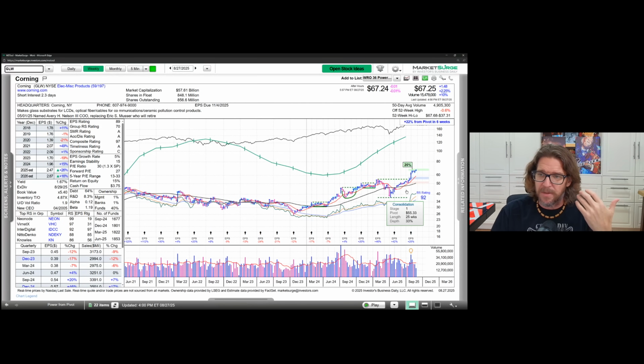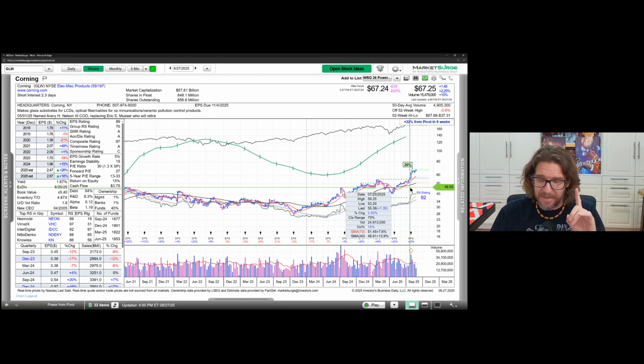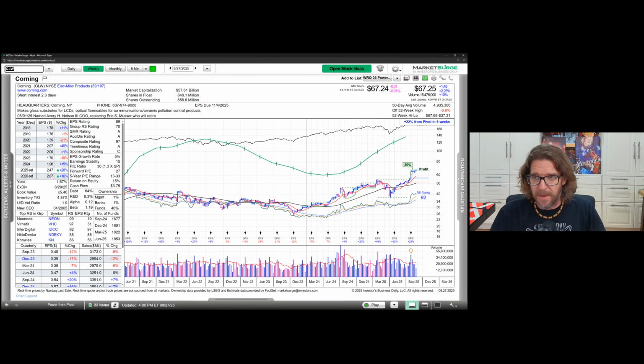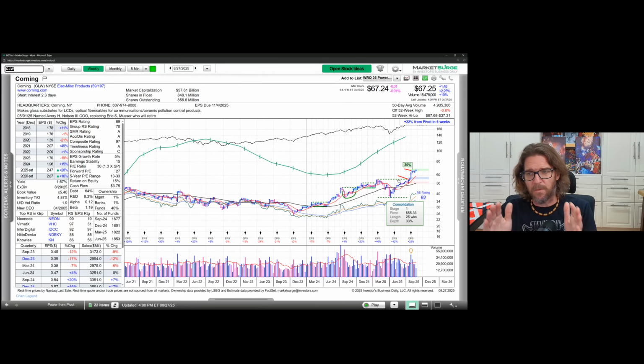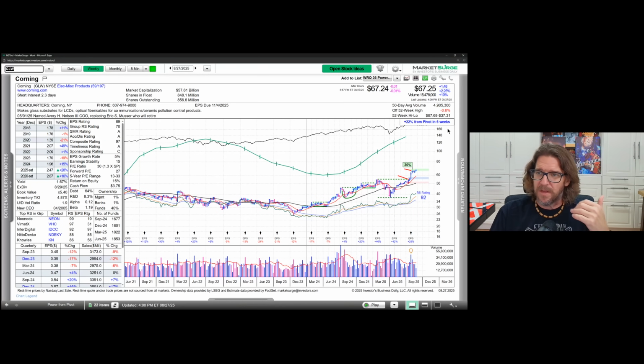But the concept here is, if you bought it there, not saying you buy it up here, but if you bought it at and around the pivot, and so you were up 20%, those shares you were supposed to hold for a full 8 weeks, all the way until the Friday, is how he would say it. And you can see up here in the top right, it's up 22% in 6 weeks.